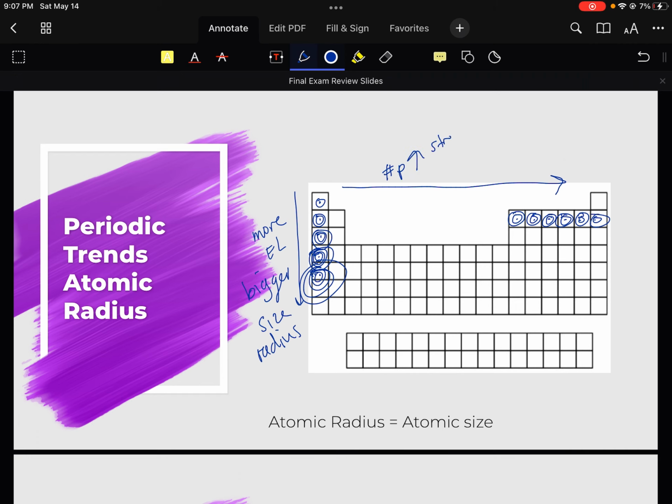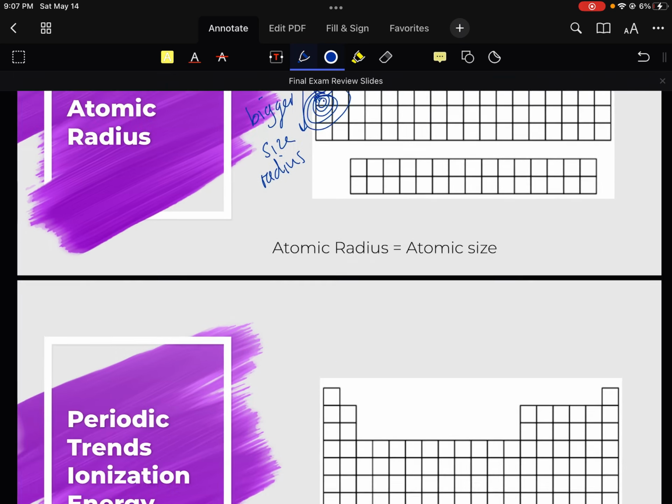So that means I have a stronger magnet. So that means that my size is getting smaller. It's literally like the magnet in the center is pulling those electrons in. It's like squeezing it together. So it's getting smaller.